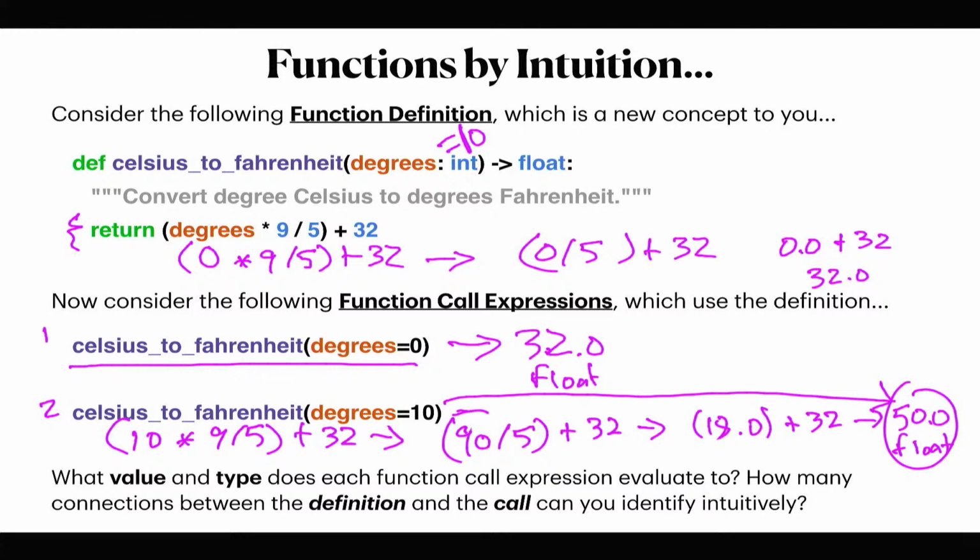And we can use them when we call it to say, hey, Celsius to Fahrenheit, for this particular parameter, I want you to use the argument 10 or 0. But we can make reuse of those. We can't have two functions of the same name because Python wouldn't know which one we were referencing in this language. All right, great questions.